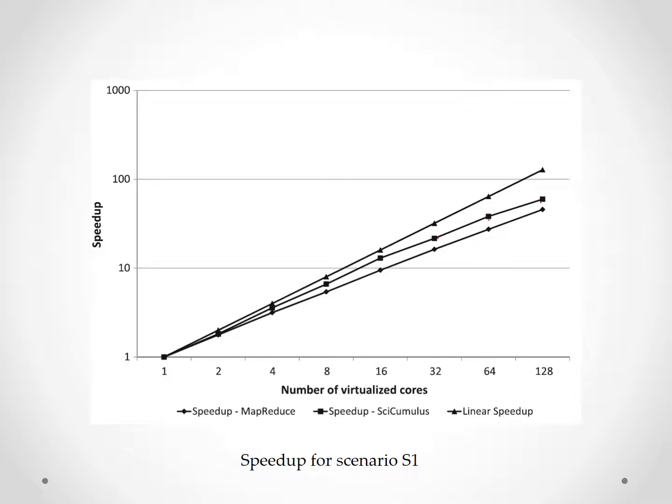Therefore, what we can deduce is that acquiring more than 64 virtual machines for execution may not be advantageous, especially if the number of cloud activities becomes closer to the number of virtual machines.